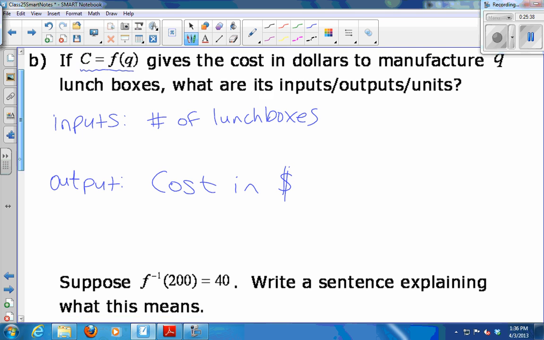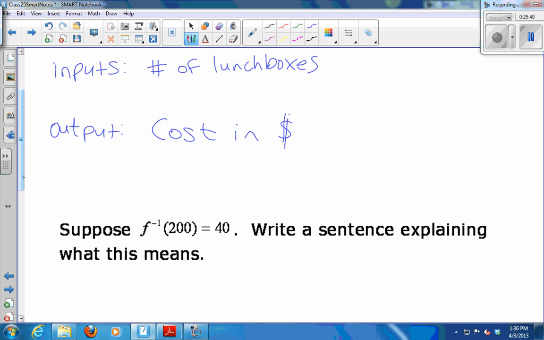So if I write F inverse of 200 equals 40, the number in parentheses, 200, is an input into F inverse. That means take 200 and plug it in, apply rule F inverse. So it's an input to F inverse, which means it was an output from F. So that 200 is a cost in dollars. And the 40, it's an output from F inverse, means it was an input from F, so it represents number of lunch boxes.